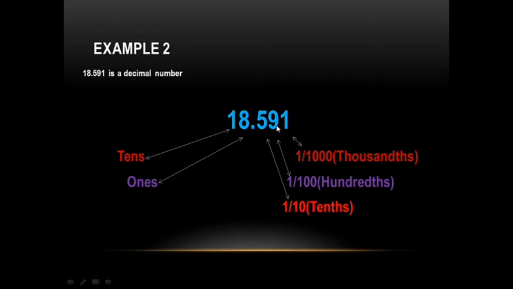Then 9 is given at the 100th place, that is called the 9 out of 100, and at 1000th place it is given 1, so that is called as the 1 out of 1000.